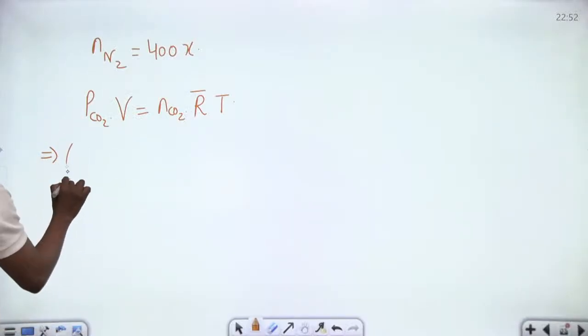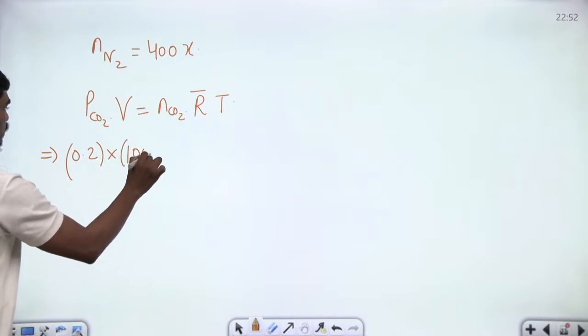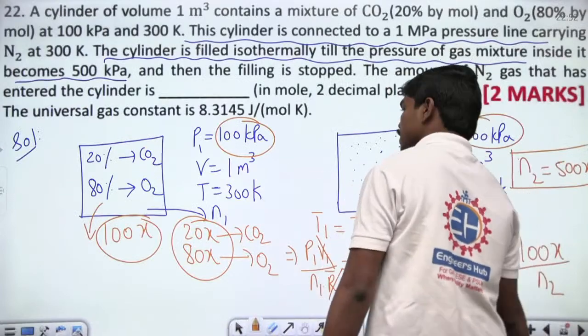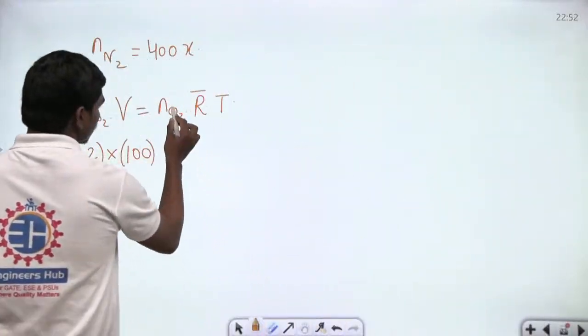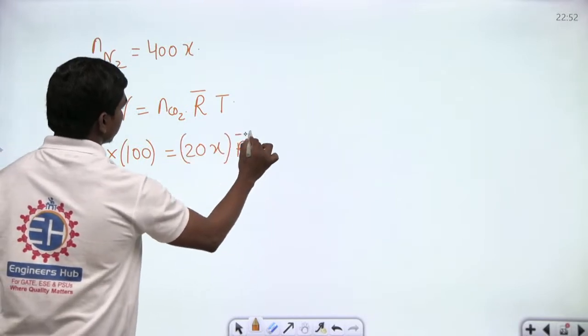So the partial pressure of CO2, which is the mole fraction of CO2 times the total pressure of 100 kilopascals, should be equal to the number of moles of CO2, which we have denoted as 20x, times R bar times 300.